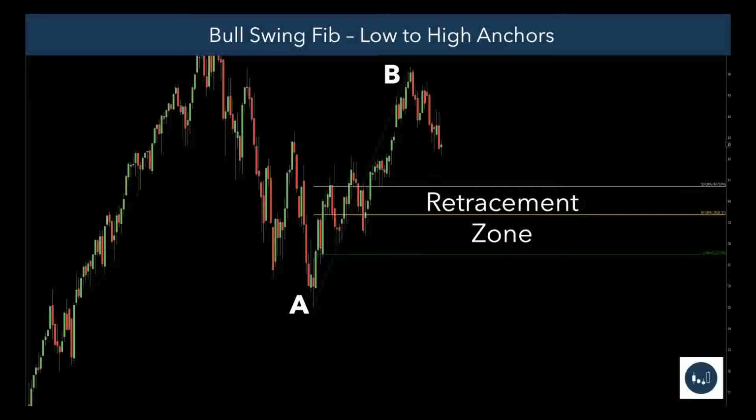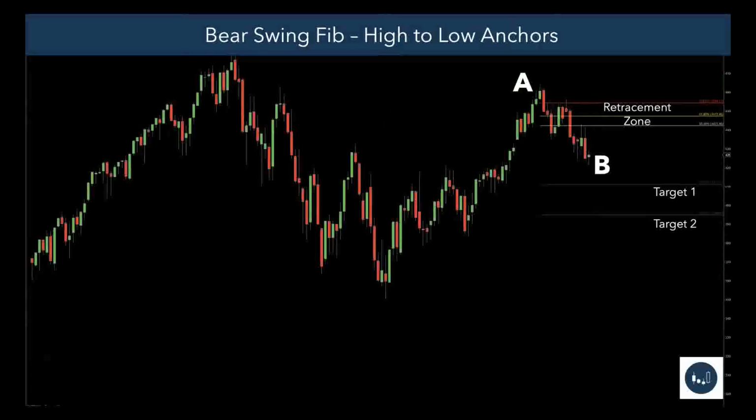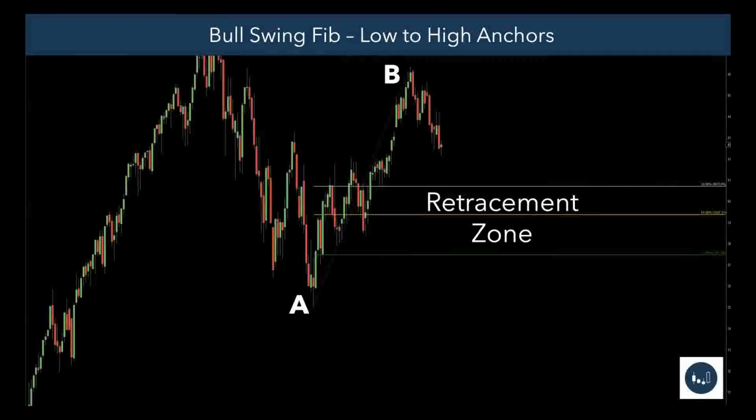There's a bear counterpart to this as well, where the high point is A, the low point is B. We've got our targets there in the retracement zone. Now, me personally, when I do the color schemes, anytime I'm doing a bear swing, my last level of defense is going to be red, as opposed to this one, and in the bull swing Fib, my last level of defense is going to be green.